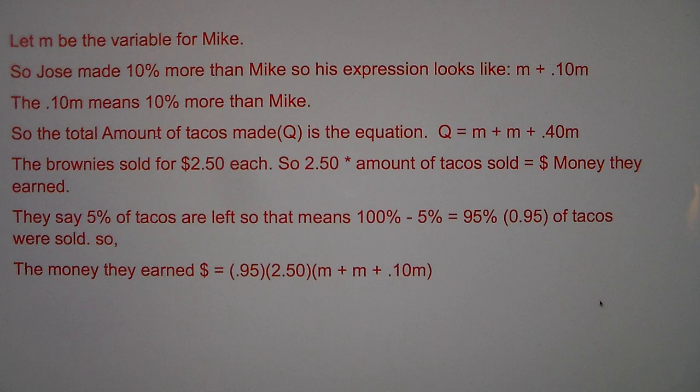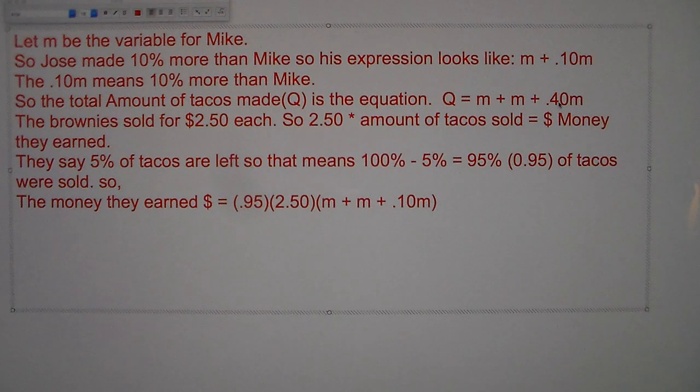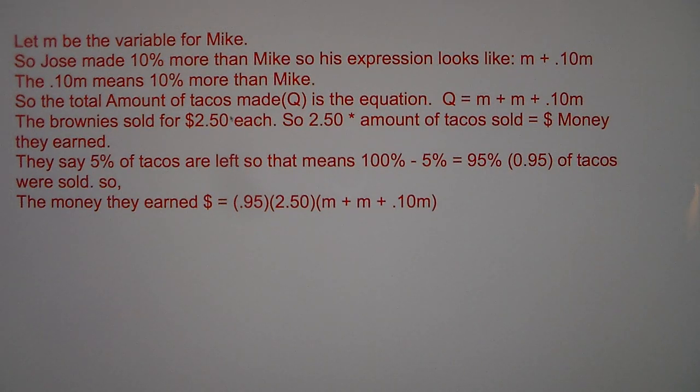Let M be the variable for Mike. So Jose made 10% more than Mike, so his expression should look like M plus 0.1M. The 0.1M means 10% more than Mike. So the total amount of tacos made, Q, is the equation Q equals M, that first M stands for the amount of tacos Mike made, plus M plus 0.1M. The tacos sold for $2.50 each, so $2.50 times the amount of tacos sold.